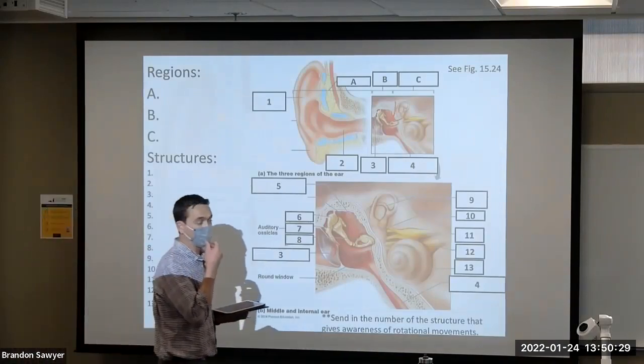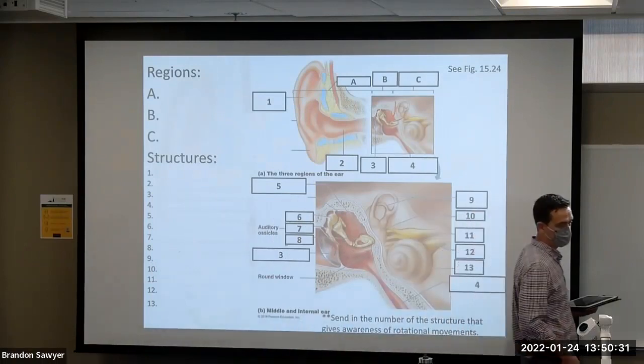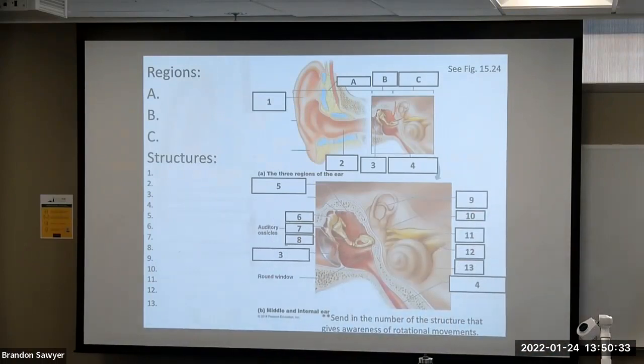All right, guys, so you're sending in the number of the structure that gives awareness of rotational movements. Just scroll through the numbers and then go ahead and hit send.